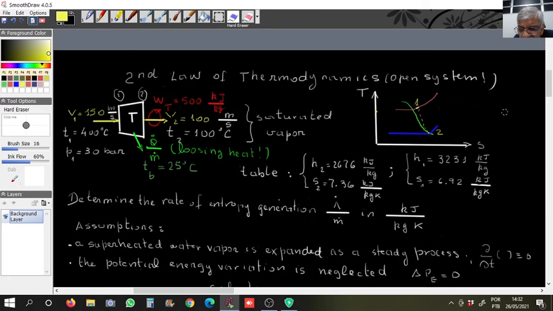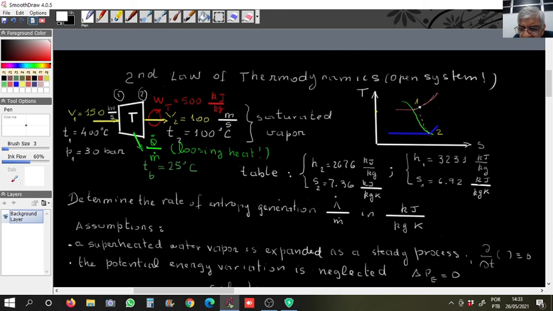Here I have the superheated vapor. Here I have this point. This is superheated, and you see the data 400 degrees centigrade. If you add 273, it is 673 Kelvin, at high pressure.